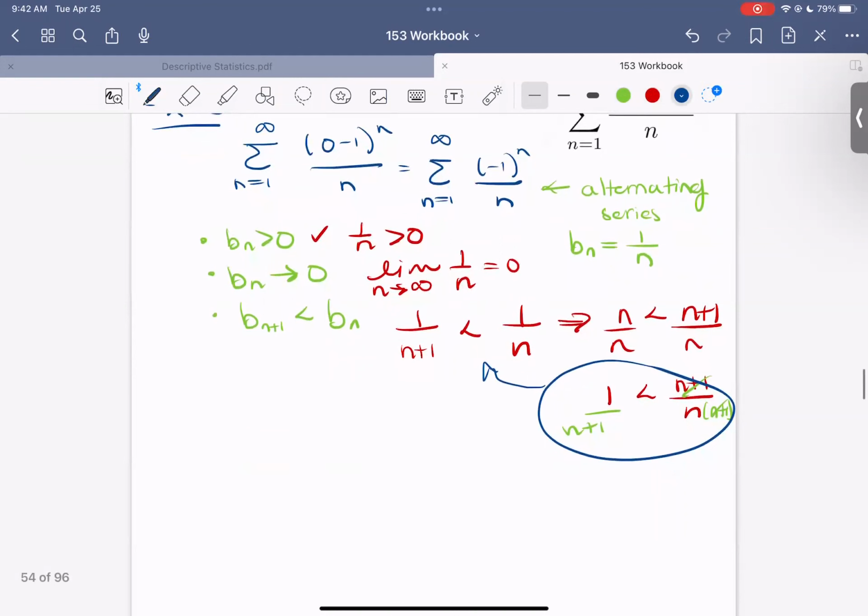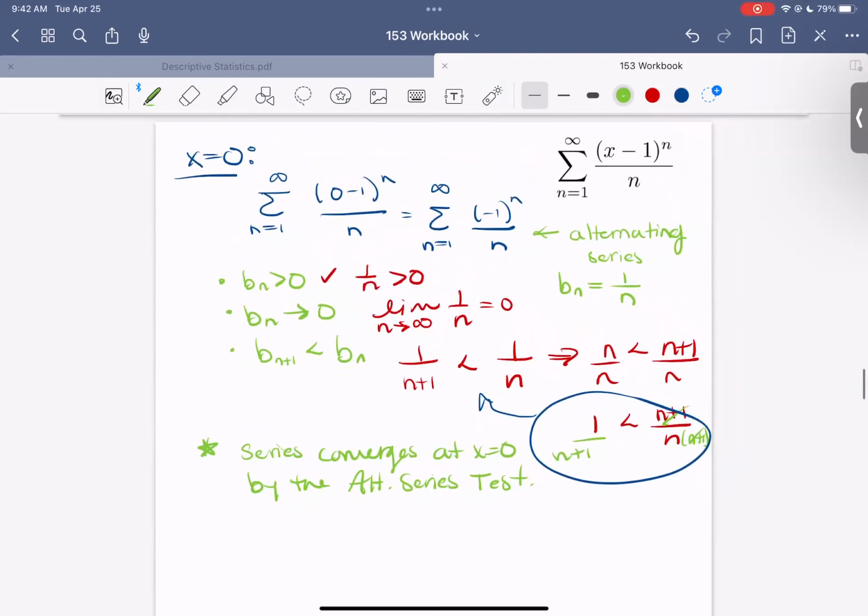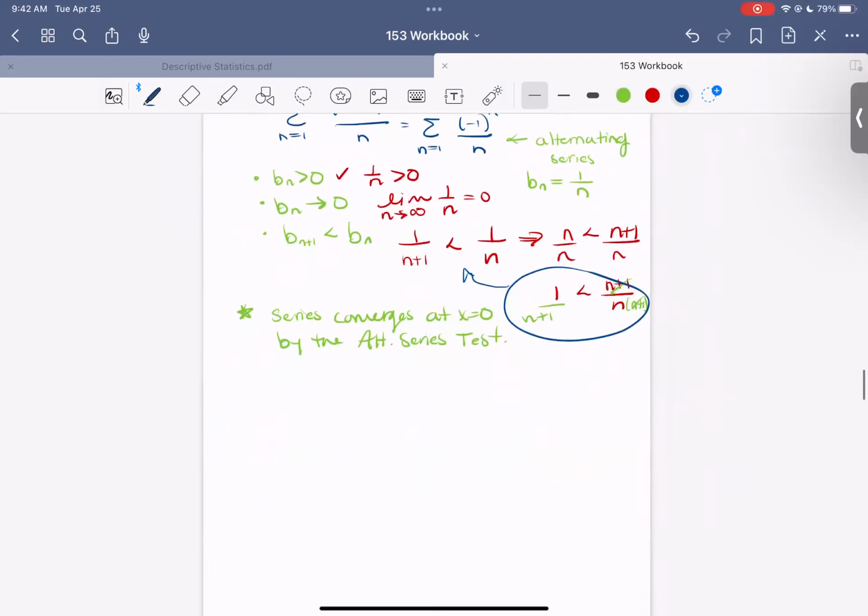Okay, cool. So what does this mean? The series converges at x equals 0 by the alternating series test. Okay, that's cool. Not bad. Got one endpoint down. So let's look at the other endpoint.